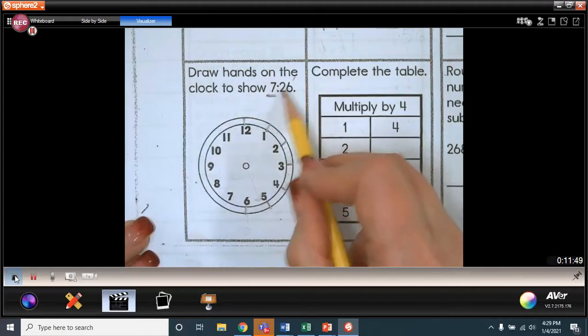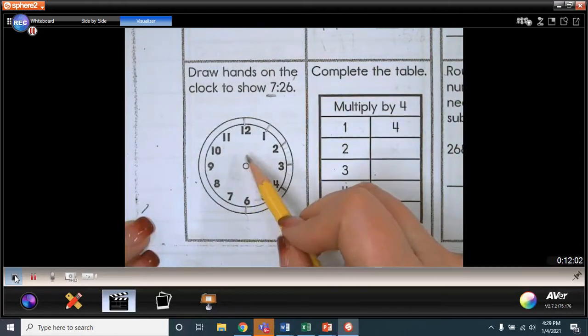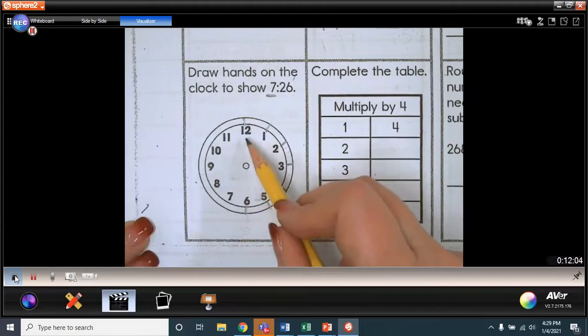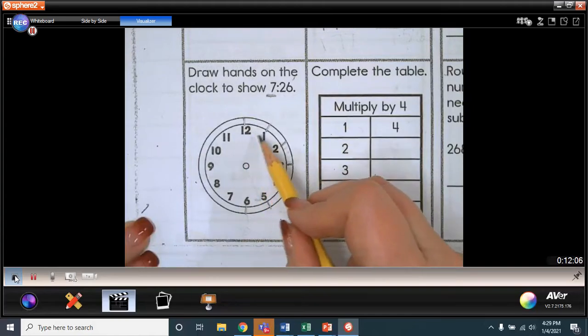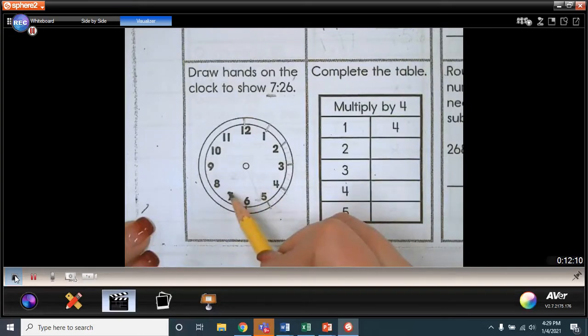Since these aren't zeros, that hour hand is not going to be pointing directly at the 7, because the only time that it points directly at an hour is when the minute hand is pointing directly at the 12. Once that minute hand starts to move around the clock, that hour hand starts to move closer and closer to the next hour on the clock.